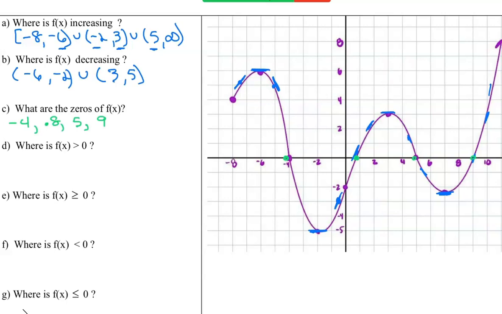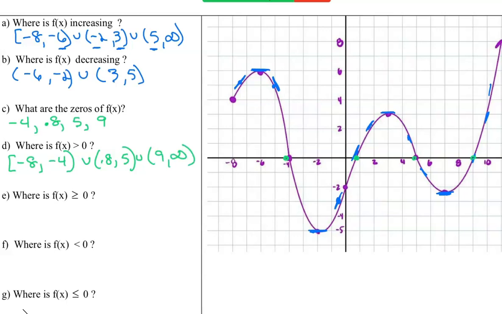Let's first do where is it greater than 0. It's greater than 0 from -8 to -4, not inclusive. Then it's greater than 0 from 0.8 to 5, and then from 9 to infinity.